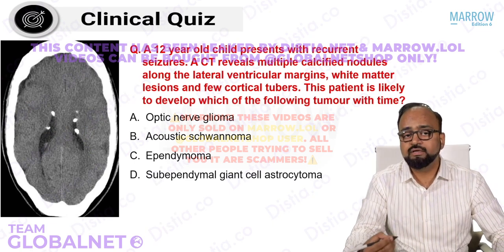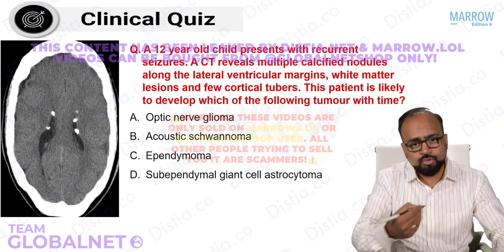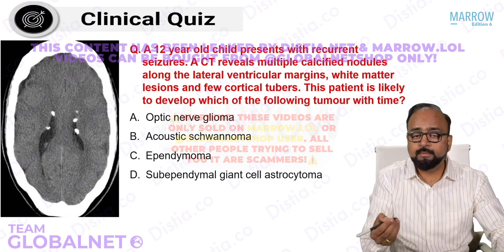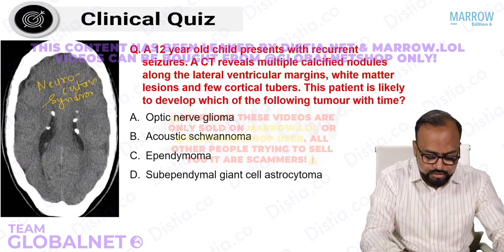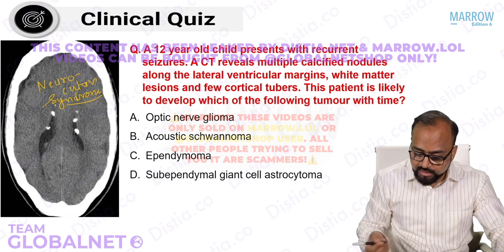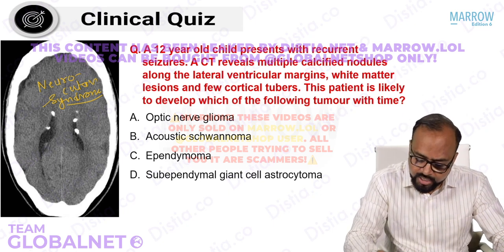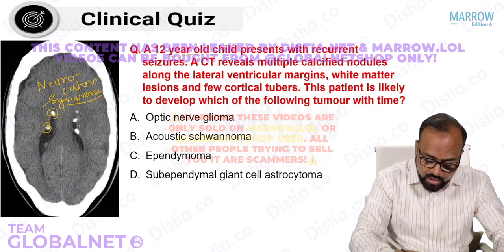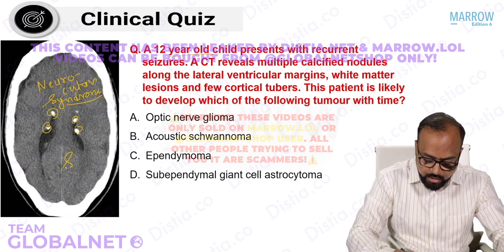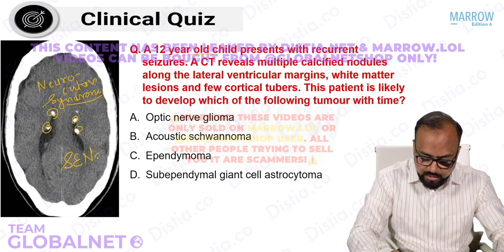Another very classic and very important topic related to brain tumors, because in each of these syndromes a brain tumor is seen, is the topic of neurocutaneous syndromes. Neurocutaneous syndromes is another very important topic, right? And this is one such question. A 12-year-old child presents with recurrent seizures. Multiple calcified nodules along the ependymal margin are called subependymal nodules.